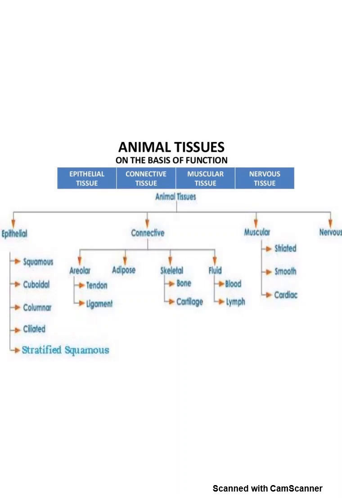Some of the tissues help to give rigidity, and some of the tissues help to carry messages from one part of the body to the other. So animal tissues on the basis of function can be divided into epithelial tissue, connective tissue, muscular tissue, and nervous tissue. So today we are going to talk about epithelial tissue.